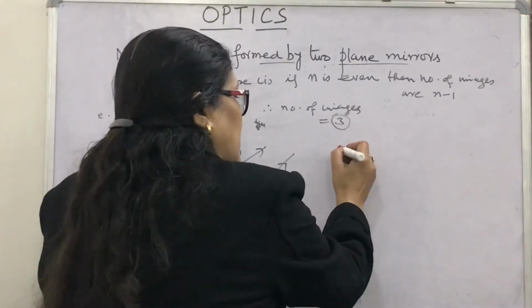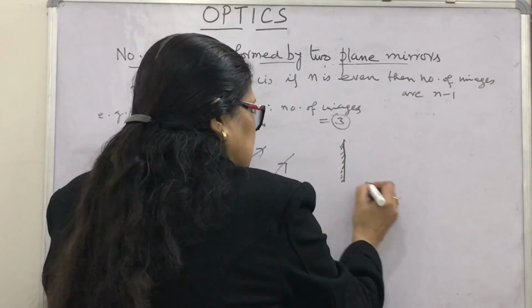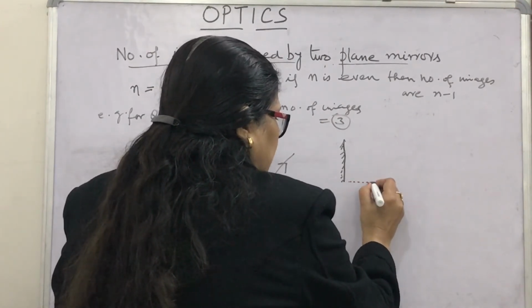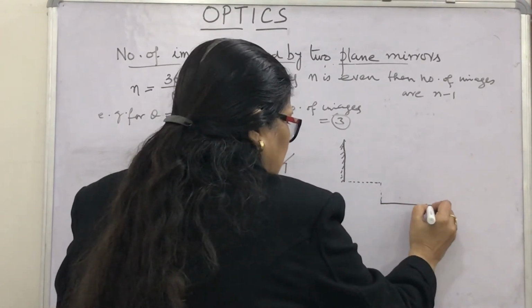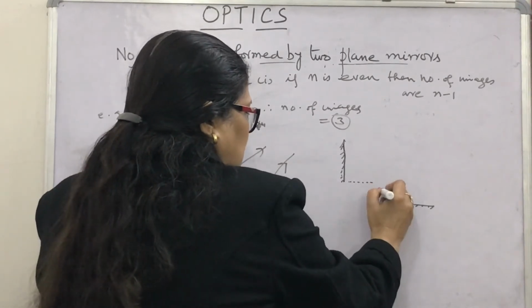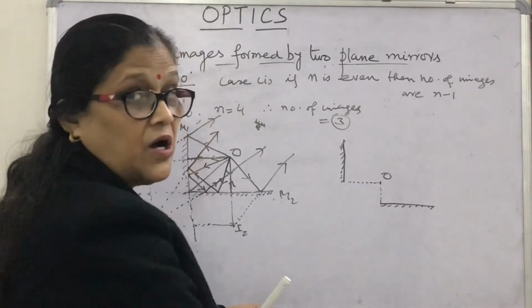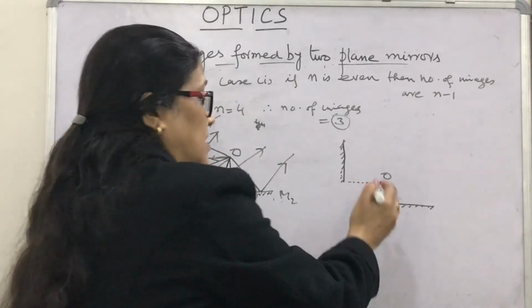Again, if the two perpendicular mirrors are placed in such a way that the object position is somewhere here, these are the mirrors which are perpendicular and suppose the object is here at point O. Now how many images will be formed? Look here.